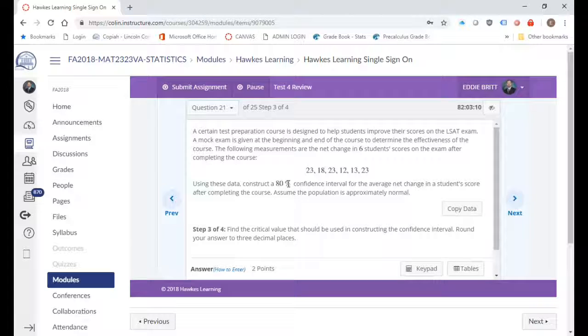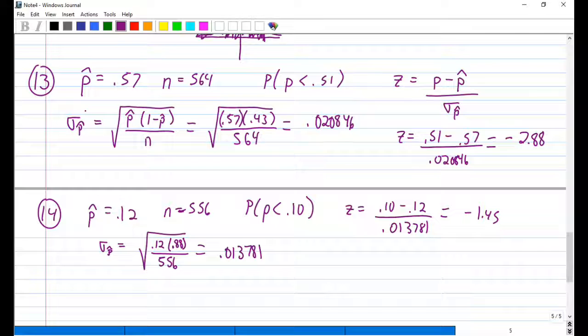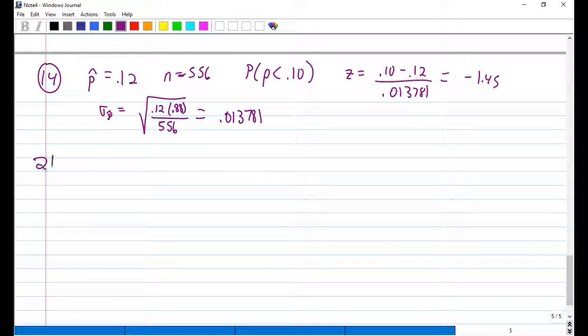For 80%, let's go to here. So this is problem number 21. So we have 80% confidence interval. The critical t value is t sub alpha over 2. So alpha for 80%, that's going to be 1 minus 0.8 or 0.2.